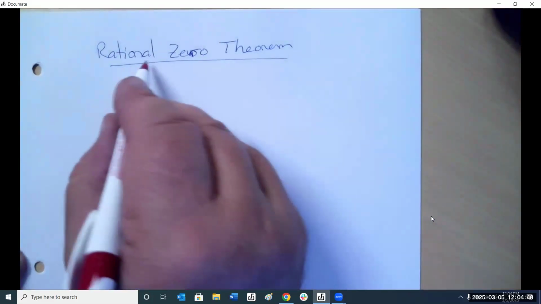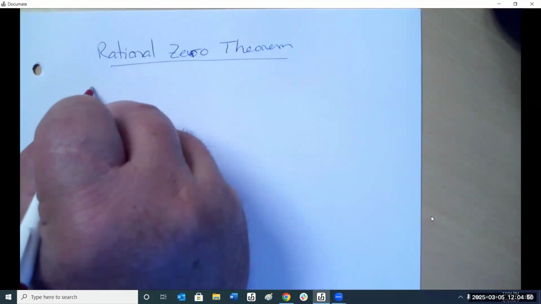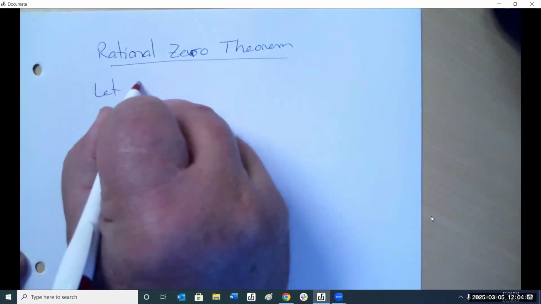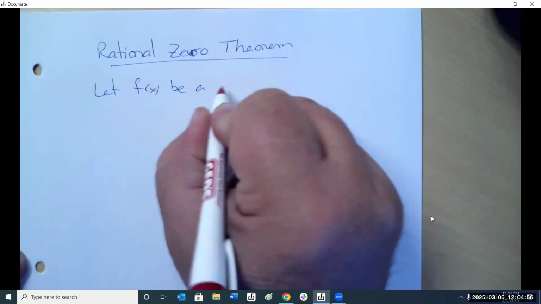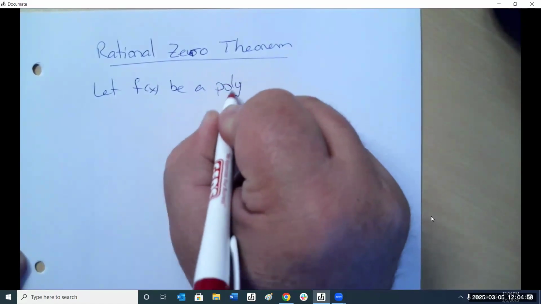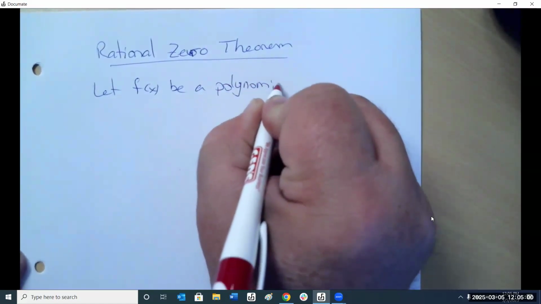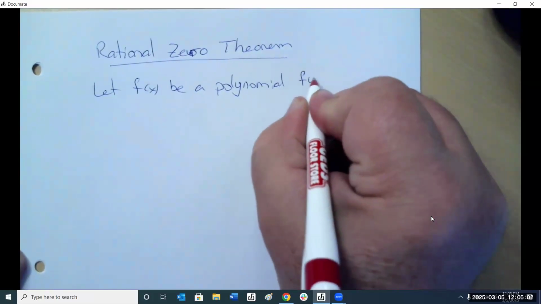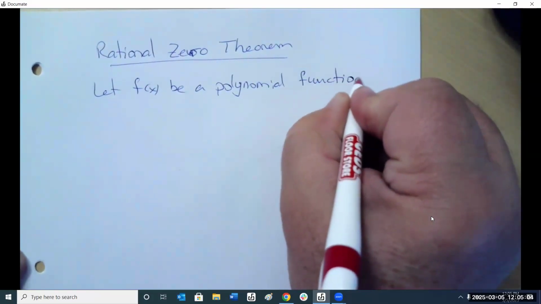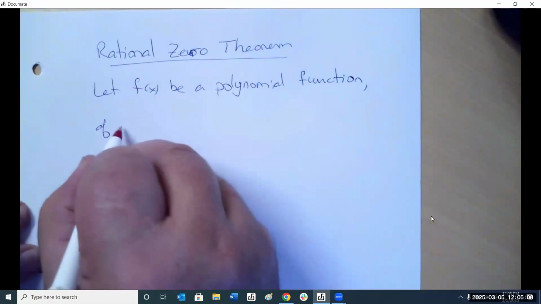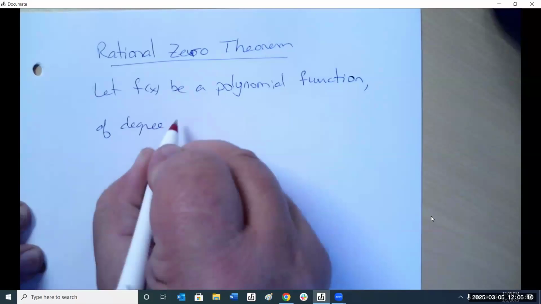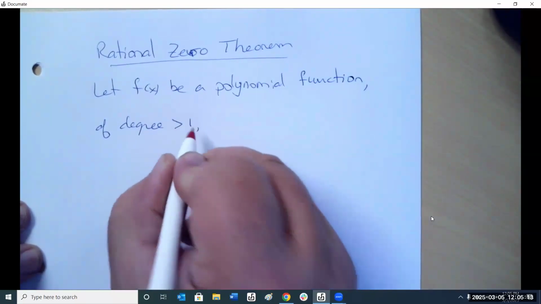So here's the rational zero theorem. Let f of x be a polynomial function of degree greater than 1.